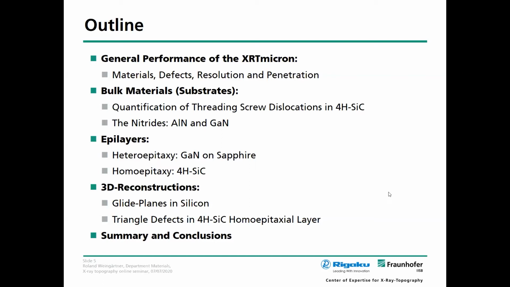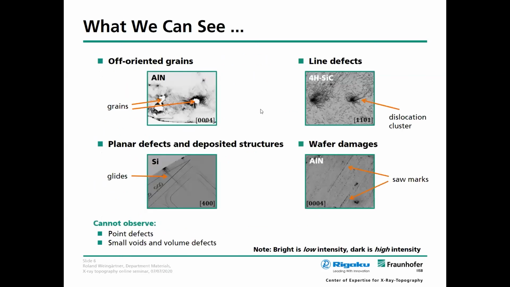Okay, so let's start with some general performance, and here the first question which arises is what can we actually see? Taka already mentioned measuring of grains. Here you see also a concrete example. We have an aluminum nitride wafer. As Martin mentioned in the beginning, it's actually a diffraction tool.